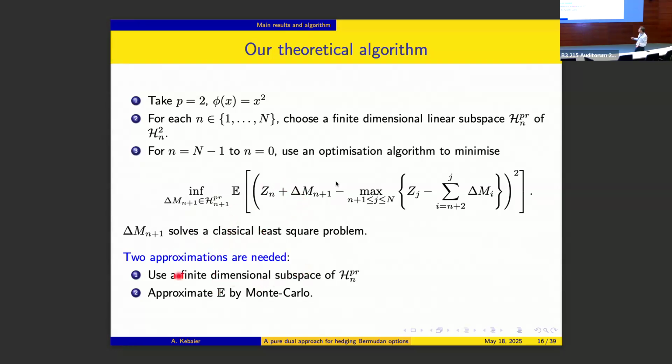This can be solved using any least squares solver. At this step, two approximation errors are needed. First, we need a finite dimensional subspace, since I cannot generate the whole space H_n^2. And the expectation should be replaced by a Monte Carlo sample. So there are two sources of errors.